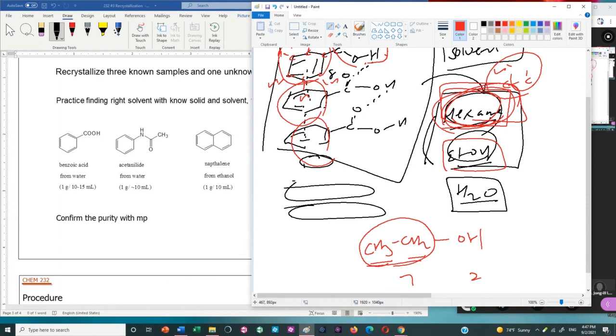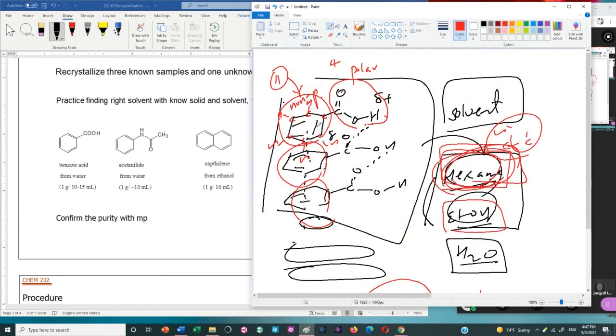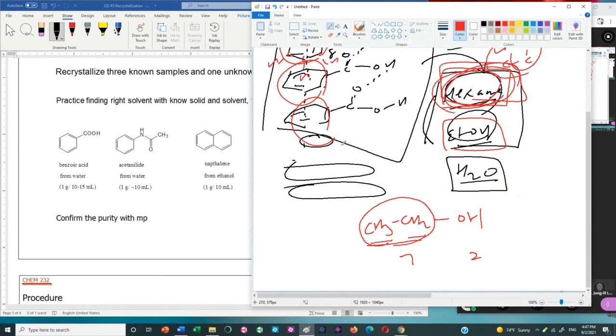The rest nonpolar. So this polarity is quite similar to this one. Therefore, ethanol loves this. This part easily dissolves into the OH, the same polar group, and this nonpolar group is easily loved by the nonpolar ethyl group. So, same reason as hexane, and it's an even better reason than the hexane case.